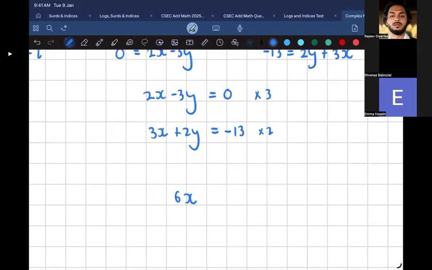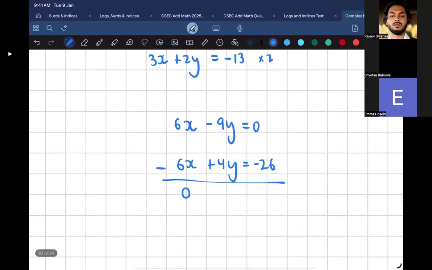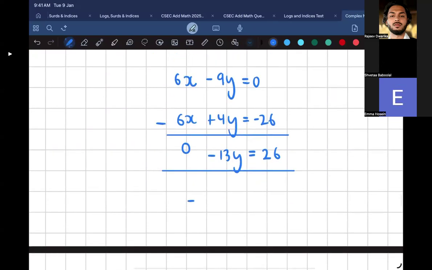So that's 6x minus 9y is equal to 0, and 6x plus 4y is equal to minus 26. So that's going to be minus 13y is equal to plus 26. Am I seeing light at the end of the tunnel? Then y will be equal to what?